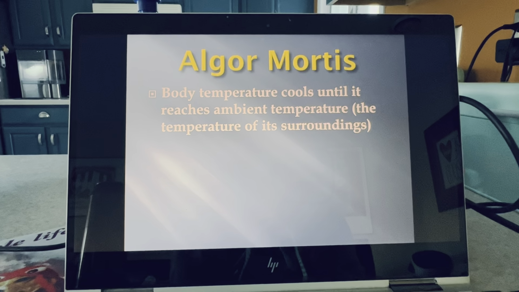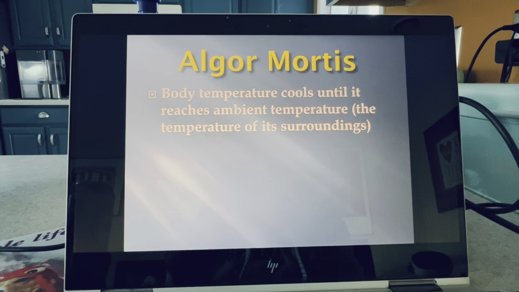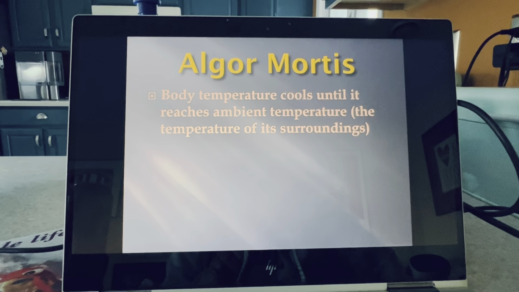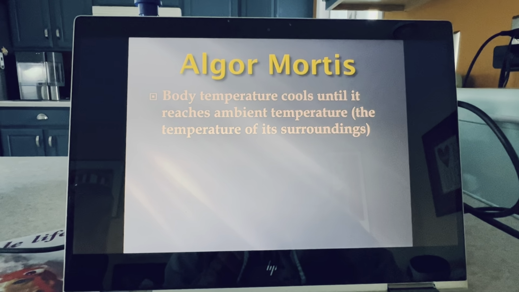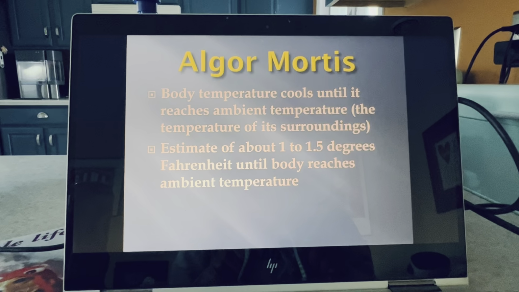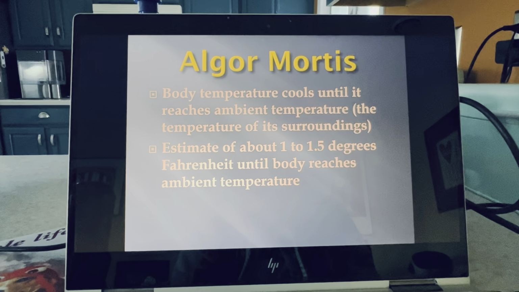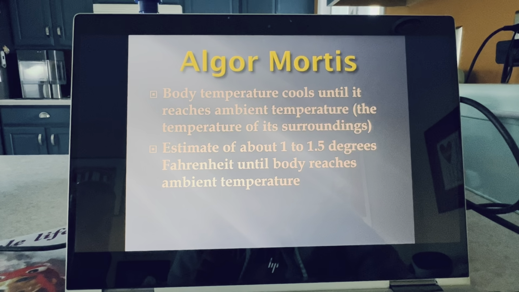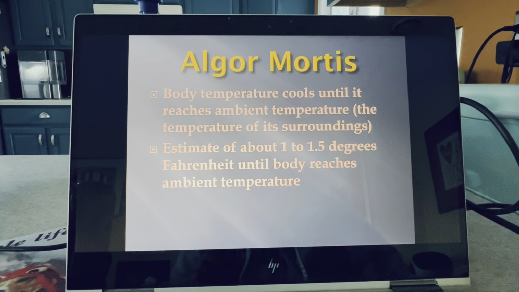And then when someone dies, we no longer have that process of homeostasis, and so our bodies are going to start to cool until they reach the temperature of the surroundings. The typical time frame is that the body will cool approximately 1 to 1.5 degrees Fahrenheit per hour until it reaches that ambient temperature.